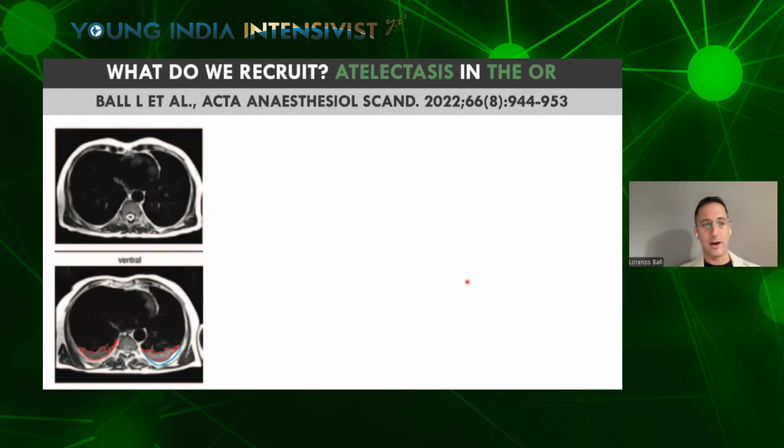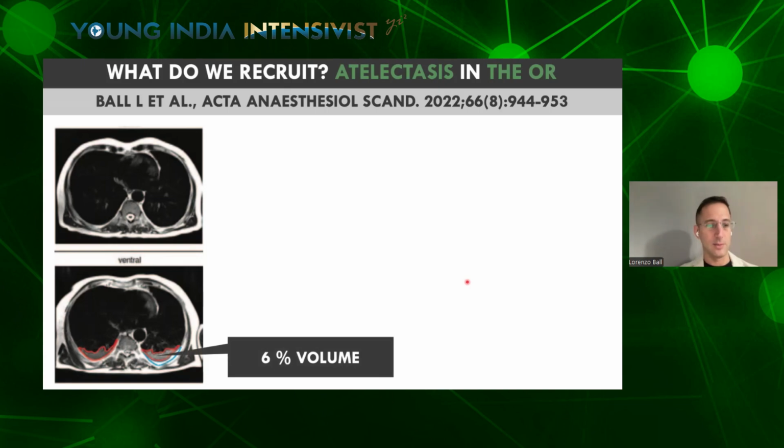MRI is not normally used for clinical practice. It was a study especially funded for understanding the modifications in the lungs after induction of general anesthesia. We see a small portion of the lung, which is apparently small because visually it's only 6% of the volume.